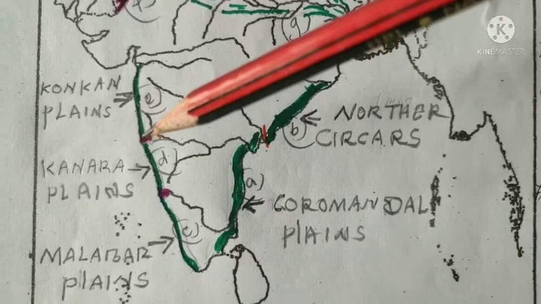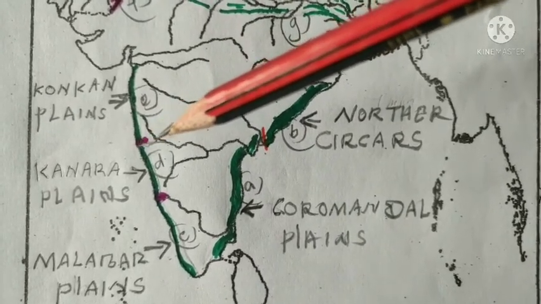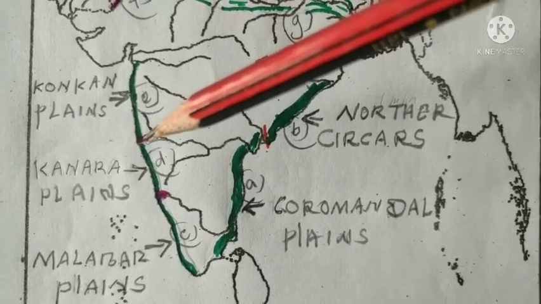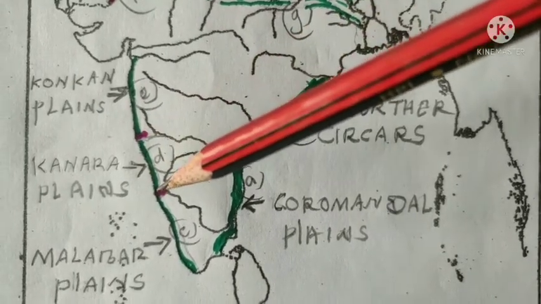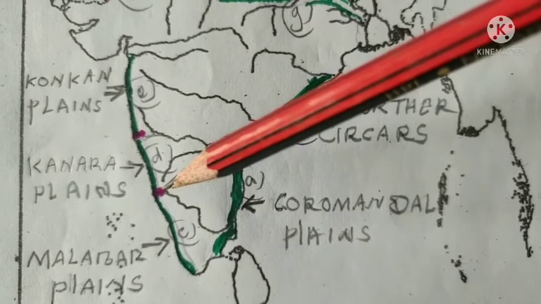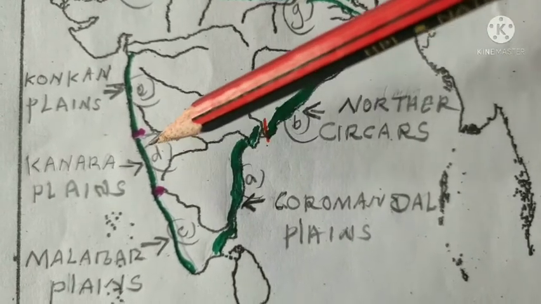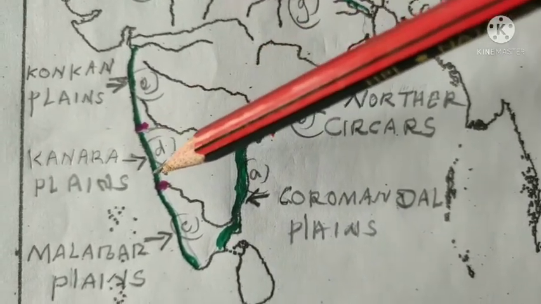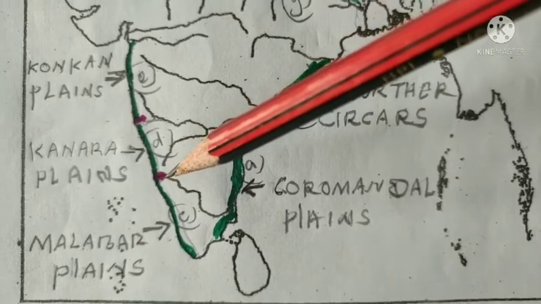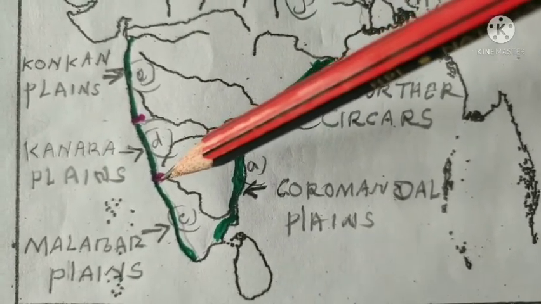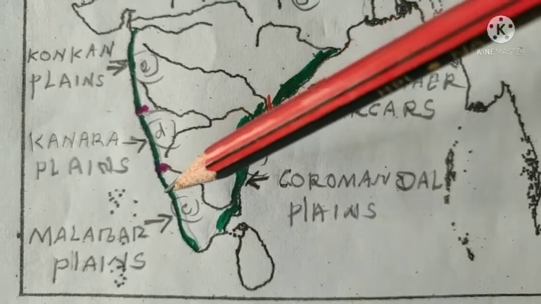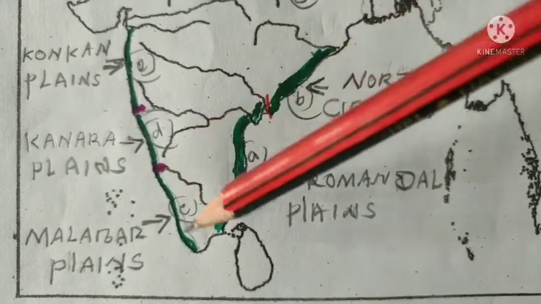And the next is the Canara Coastal Plains. It starts from here. Here I marked with a red line. From here to the source, or the very beginning of the river Kaveri, from here to here is the Canara Plains, and from the very source, parallel to the river Kaveri, start the Malabar Plains or the Kerala coast, from here to here.